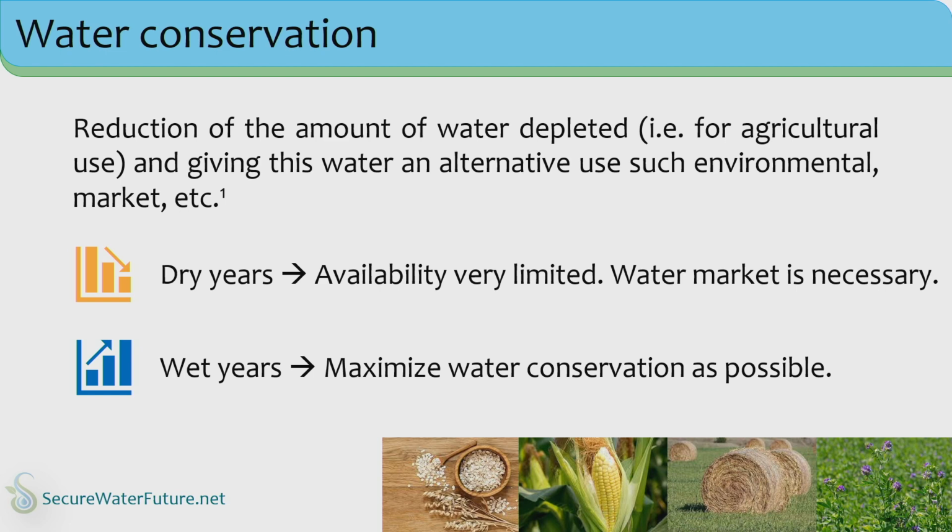Now, water conservation is going to have a different level of importance depending on dry or wet years as the seasons go. In dry years, producers are very focused on water conservation and efficiency. They will pay a lot of attention to how water is applied in the field in order to maximize profitability. In wet years, it's the opposite.